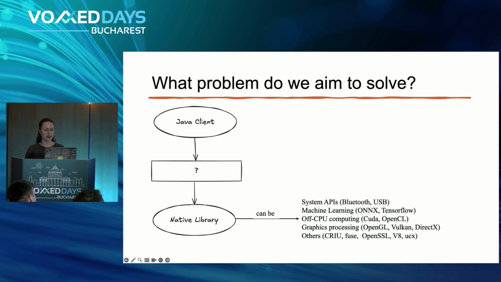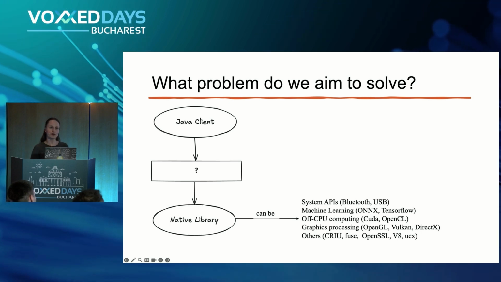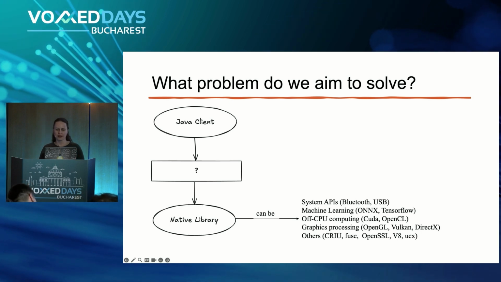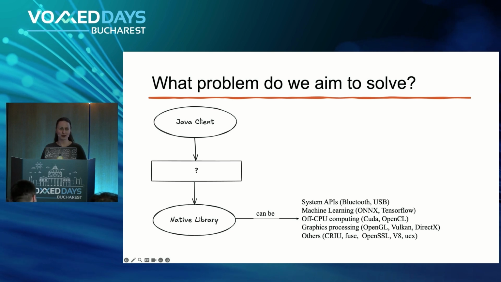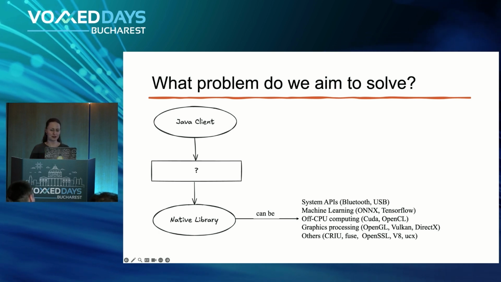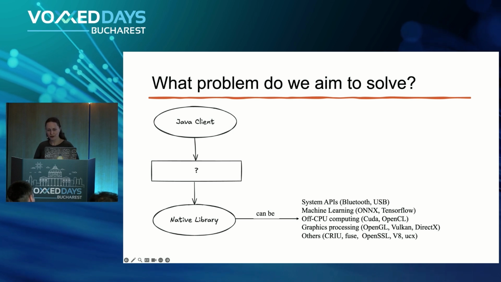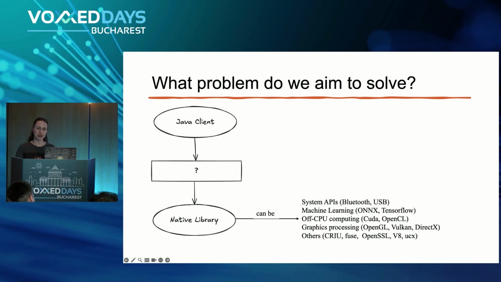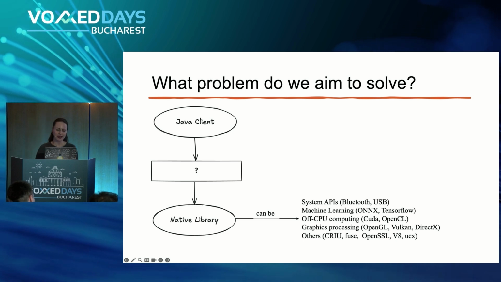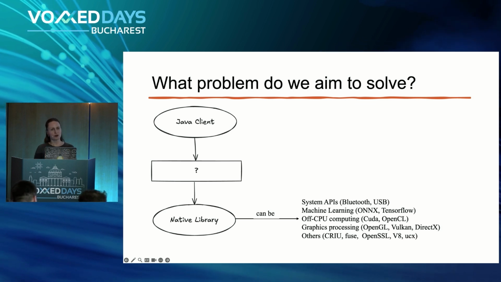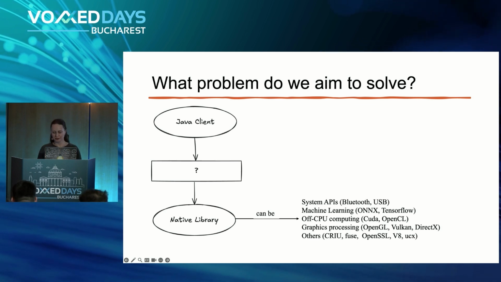How about GPU computing, like running Java on the GPU? That would be cool, but without learning all about CUDA and OpenCL and writing code in CUDA and OpenCL. How about graphics processing? Wouldn't it be cool to use OpenGL in Java, or access OpenGL from Java? And many more. So what could we put in that question mark?